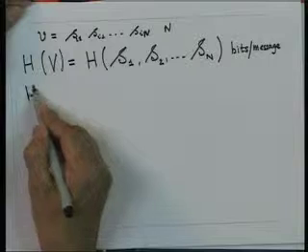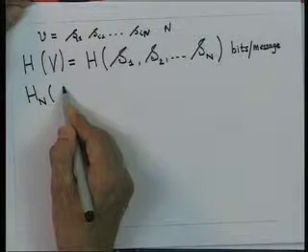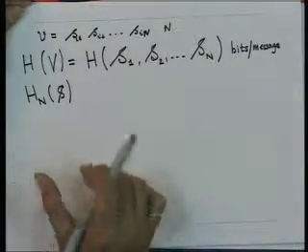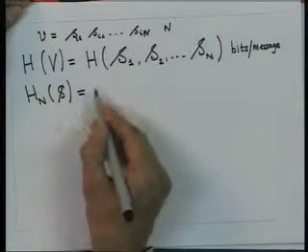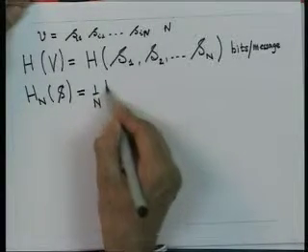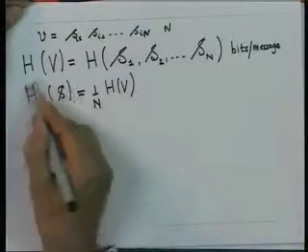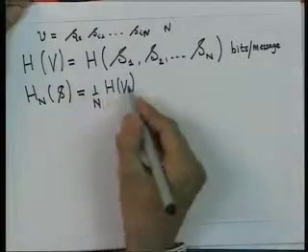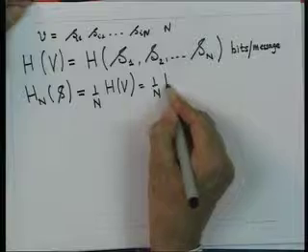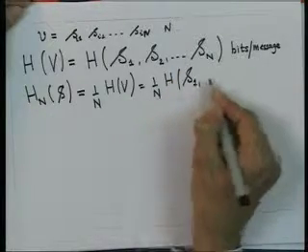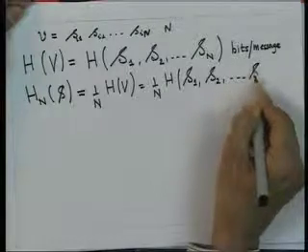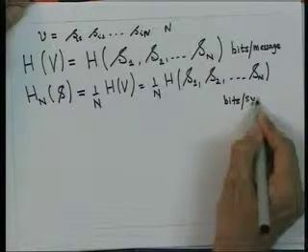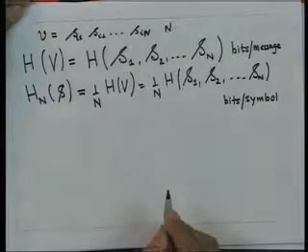Now, if I define another quantity as the average information per symbol, which is by definition equal to 1 by N of H(V). So, this is my average information which I get per symbol. So, this is equal to 1 by N H of S1, S2 to SN. This will be in bits per symbol.